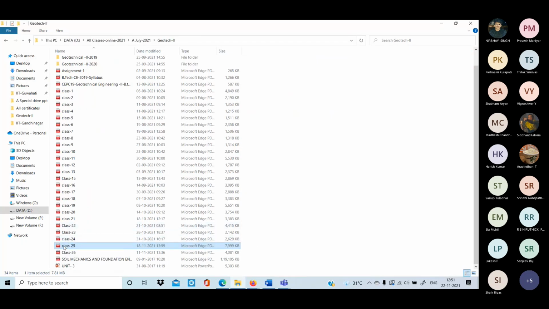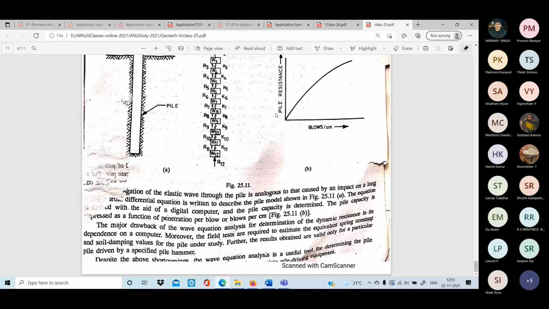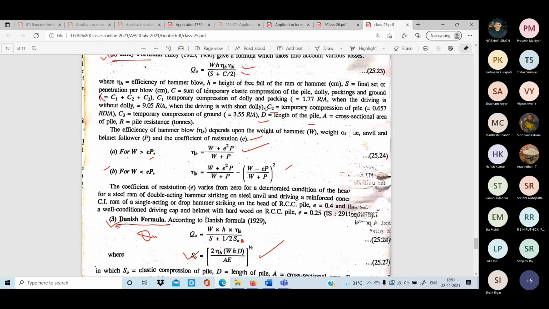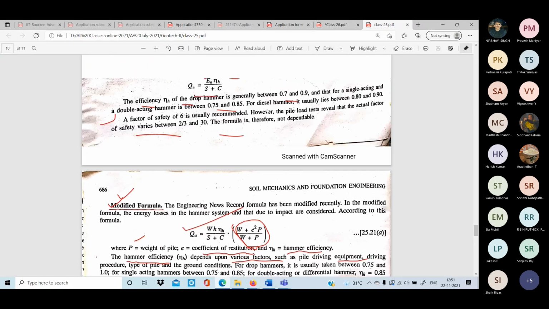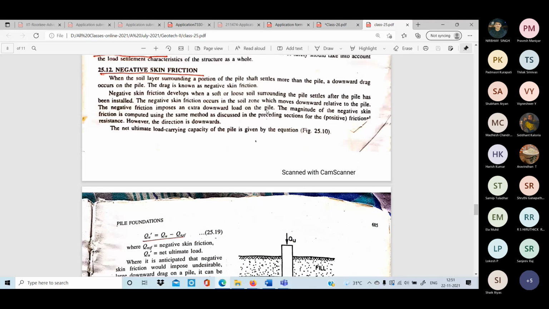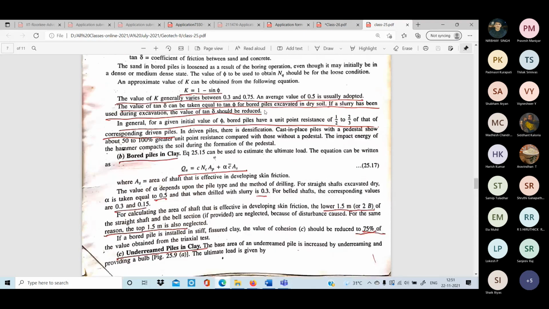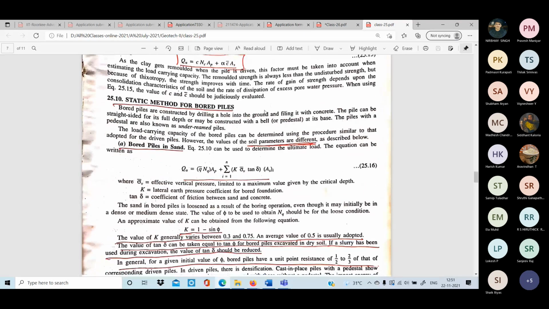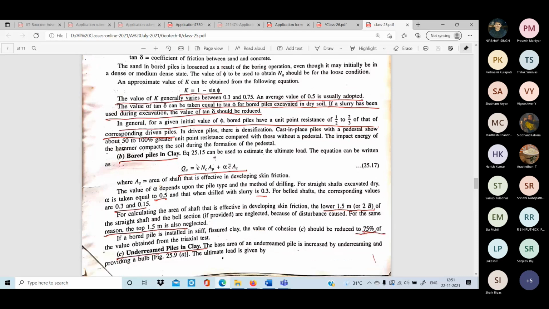Let me check it. 25 slides. We have seen these formulas. This is the dynamic formula plus alpha C for a clay soil. This is for sand and this is for clay.